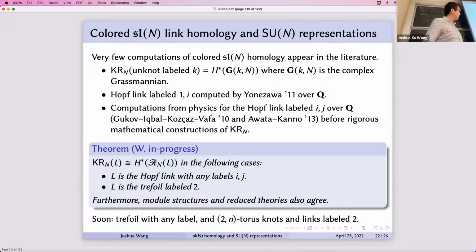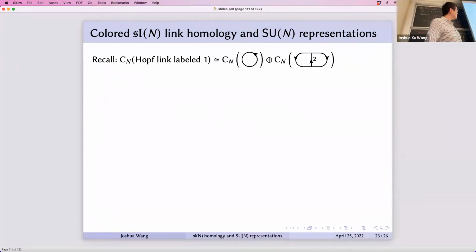So let me tell you a little bit about how the Hopf link labeled 2 matches up, and then how the trefoil labeled 2 matches up. And in particular, I want to focus on how that Gaussian elimination exact triangle argument manifests itself. So let me just recall that for the Hopf link labeled 1, I explained that there's a simplification that you could do to show that its complex simplifies to the sum of those 2 state spaces.